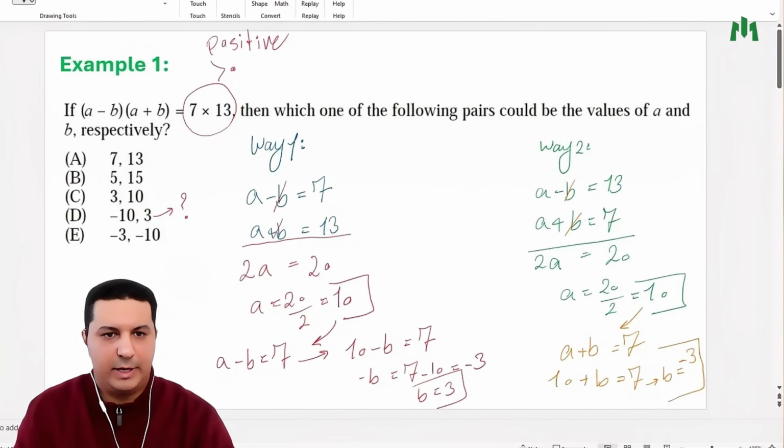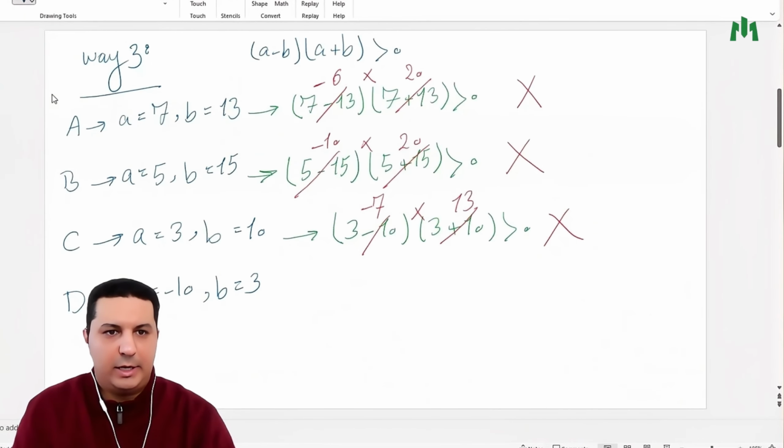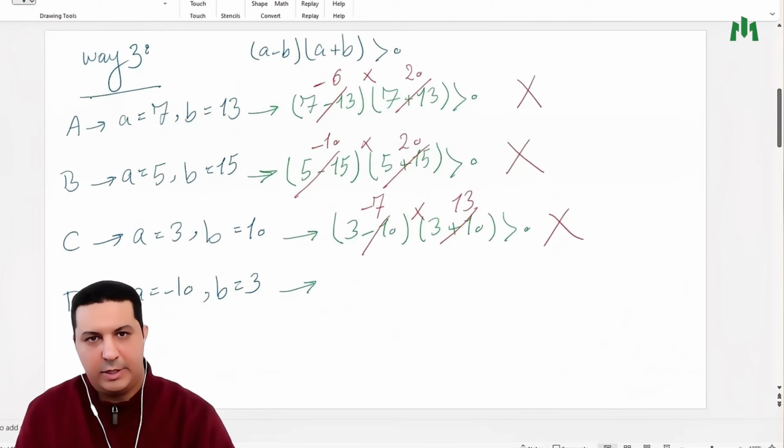So it's true. Let's double check and solve this equation. Again, it is minus 10 minus 3, because B is this, and A is minus 10 plus 3.